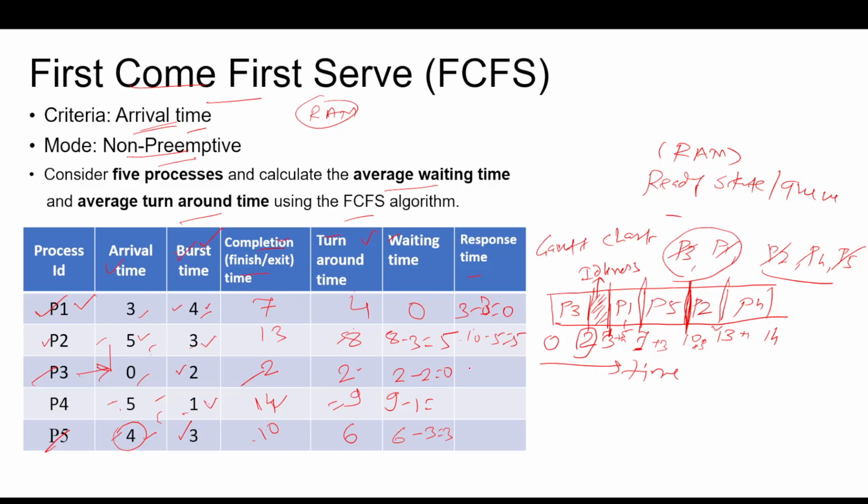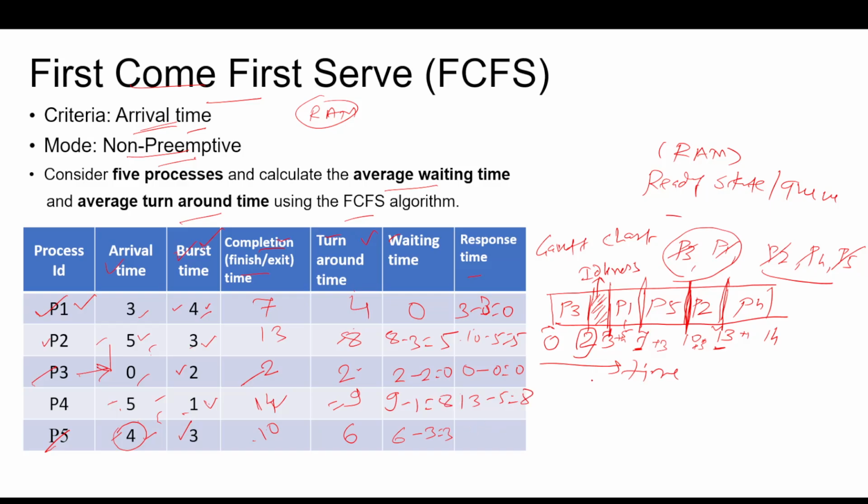So again here for the third process, when P3 process is initially assigned at the 0 timing, 0 minus arrival timing is also 0. So again 0. And here when initially we provided a CPU to the P4 process, you can see here 13. This is the initial timing for P4. 13 minus arrival timing. What is the arrival timing? 5. So again 8.